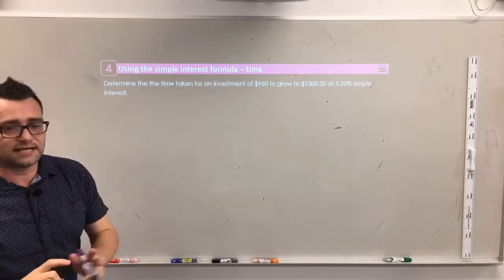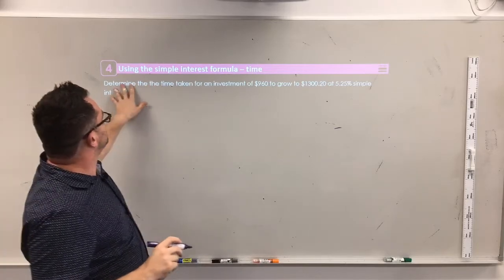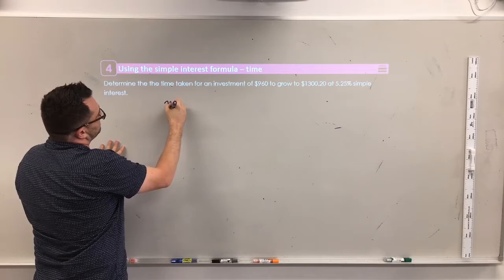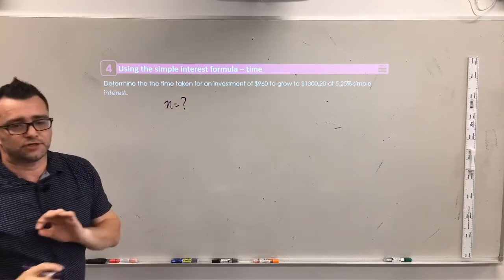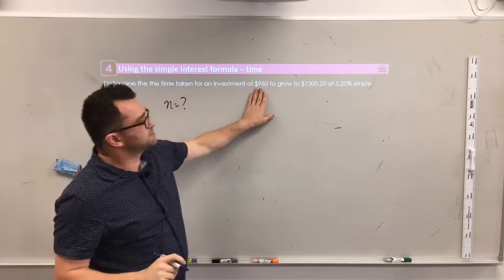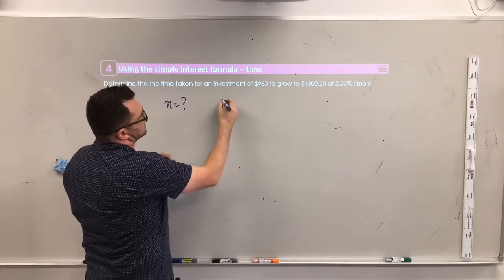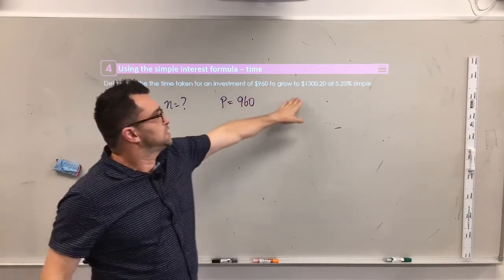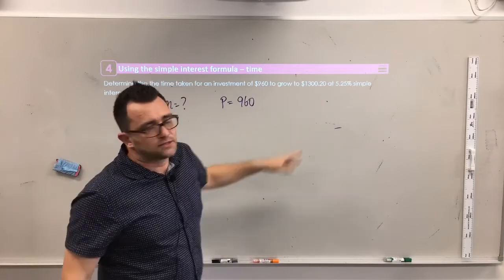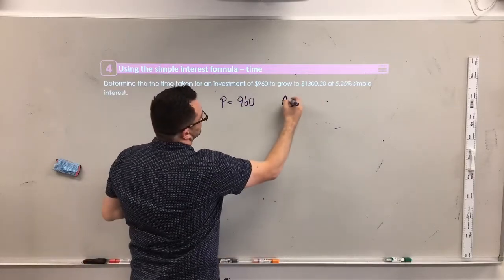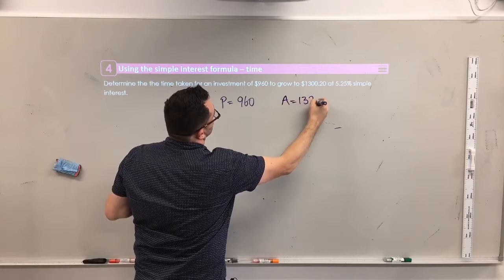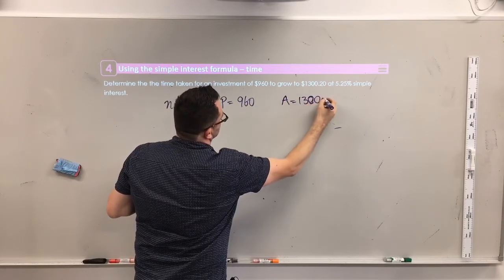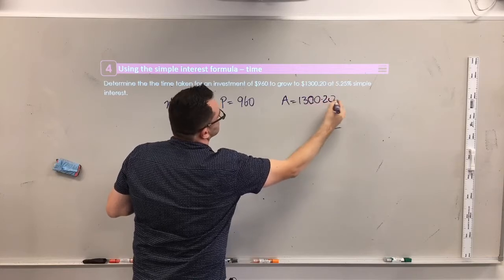So this is our last example for today. So determine the time taken. So we're determining N for an investment of $960. So now principal is $960 to grow to $1,300.20.